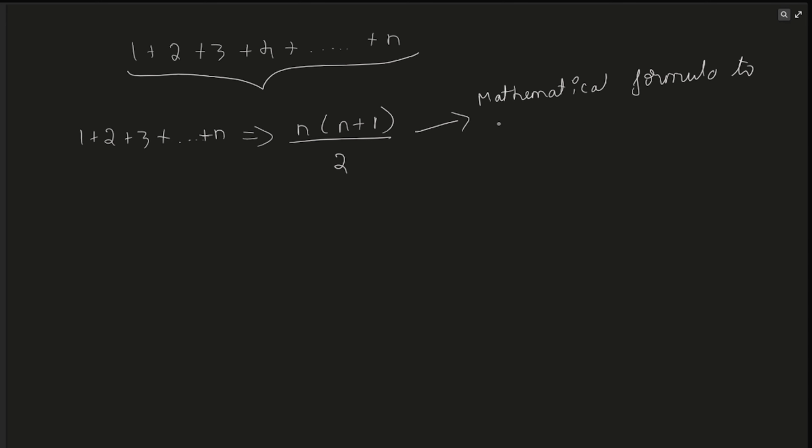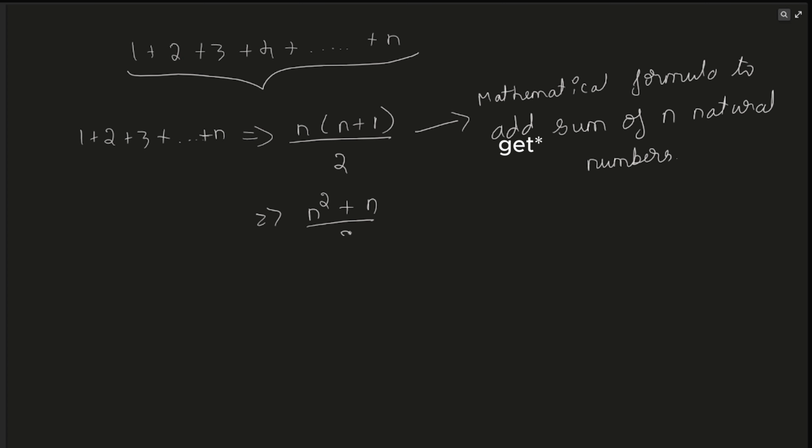which is nothing but a mathematical formula to add the sum of n natural numbers. And this can be written as n square plus n by 2.